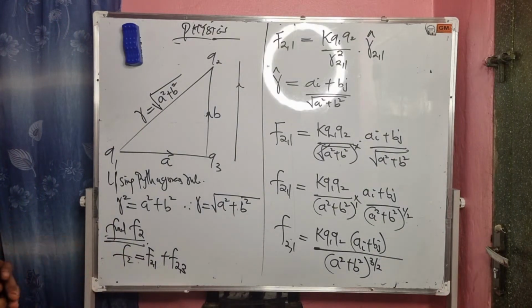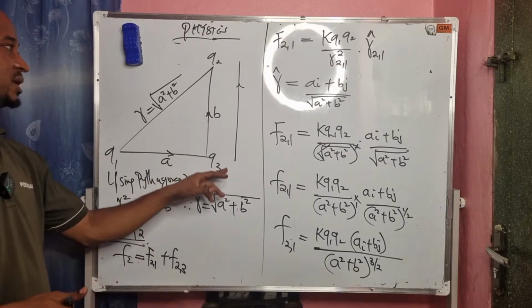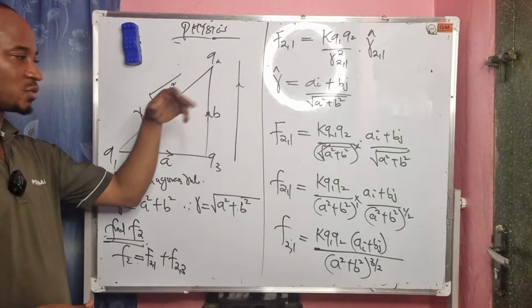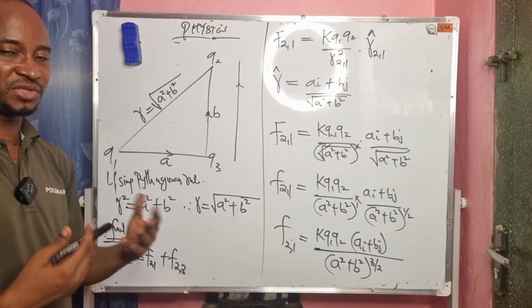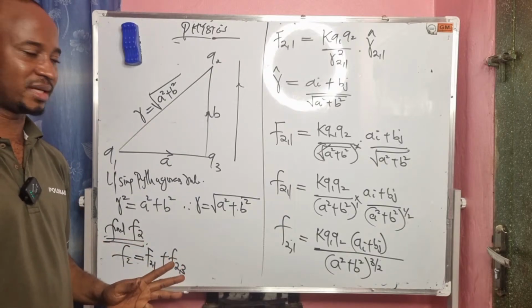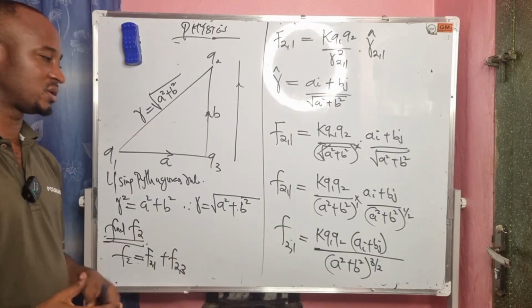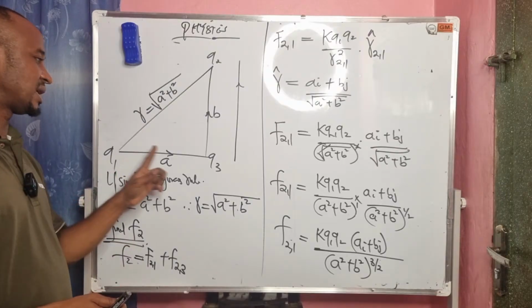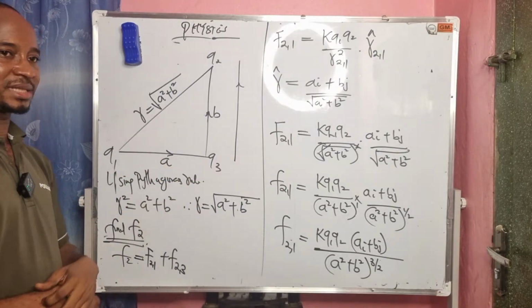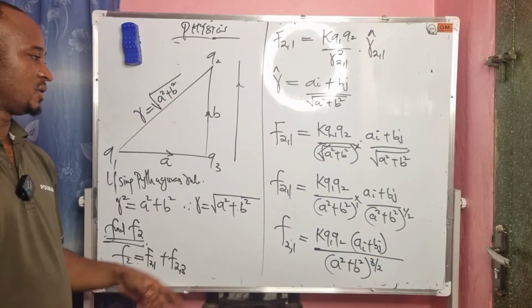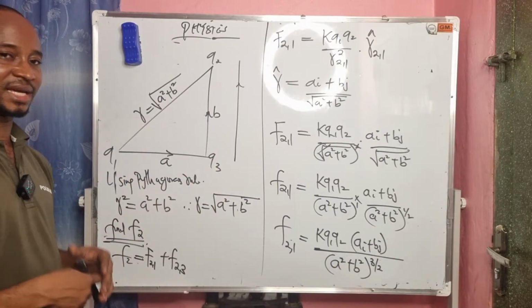If I'm to find my direction of action from 3 to 2, what will be the result? Positive J only. Don't forget, if you find my direction of action from charge 1 to charge 3 only, what will be the answer? It is positive I. From charge 3 to charge 1 is negative I.